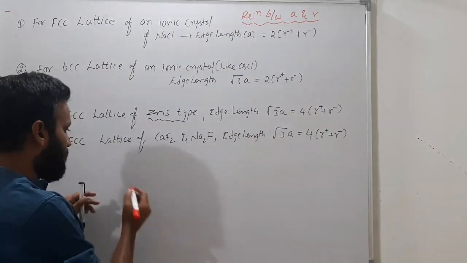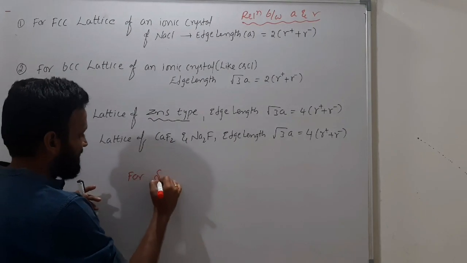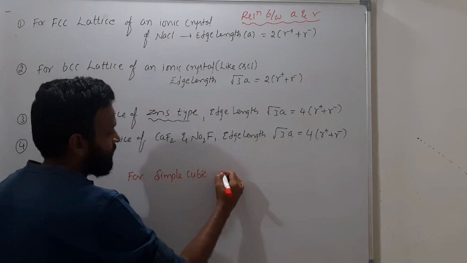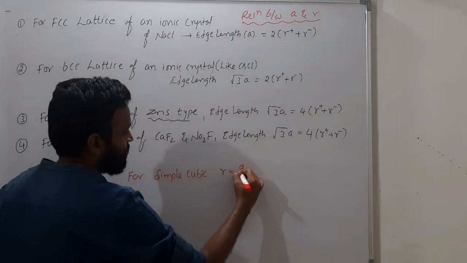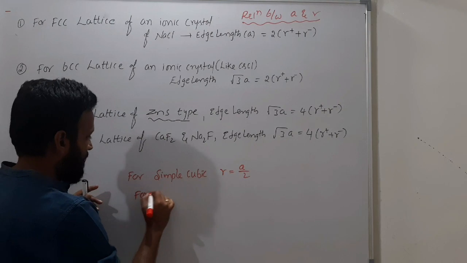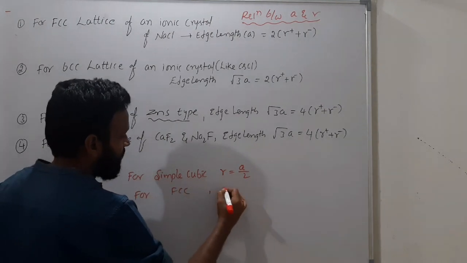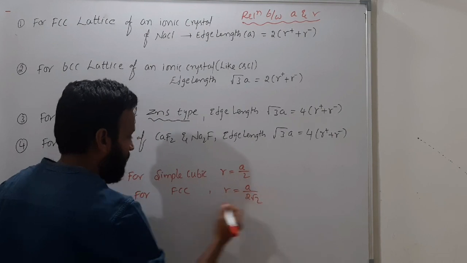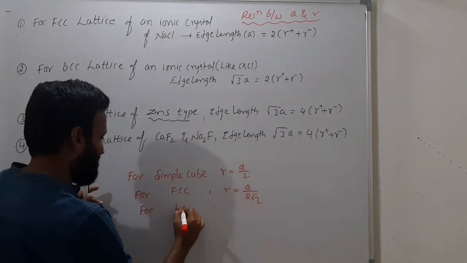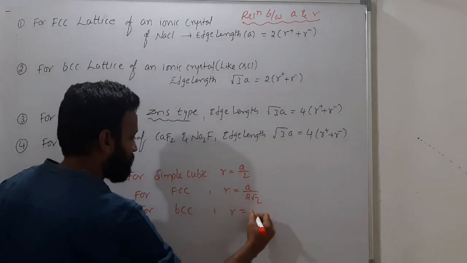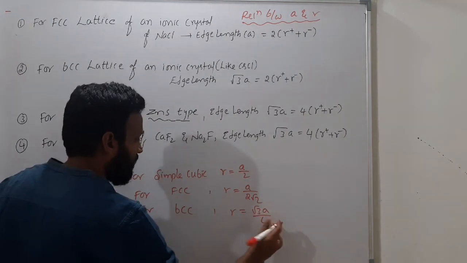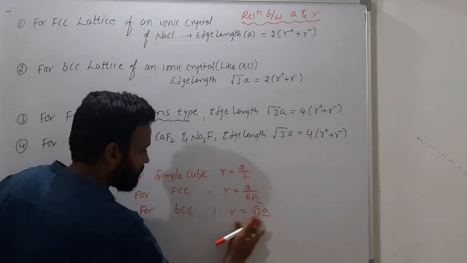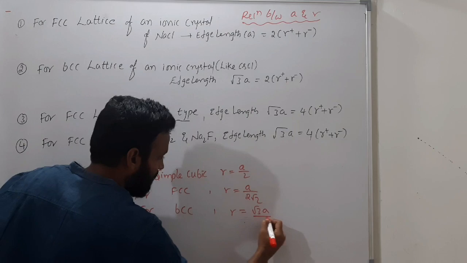Sir, in previous you gave, for simple cubic, R is equal to A by 2. For FCC, R is equal to A by 2 root 2. And for BCC, R is equal to root 3 A by 4.